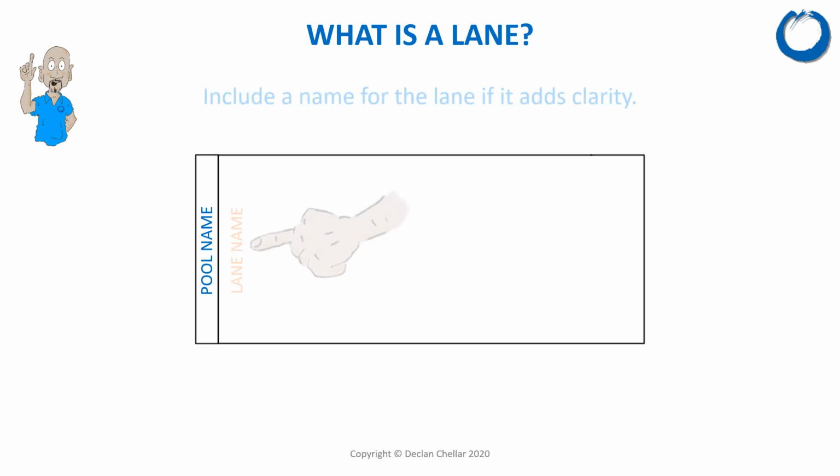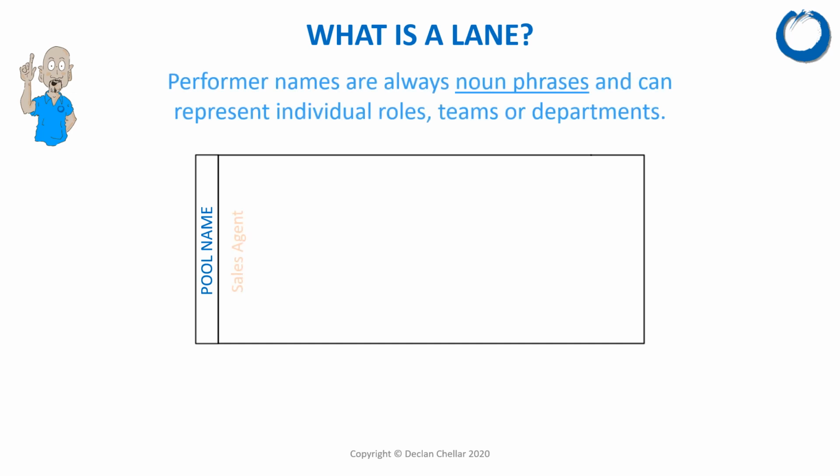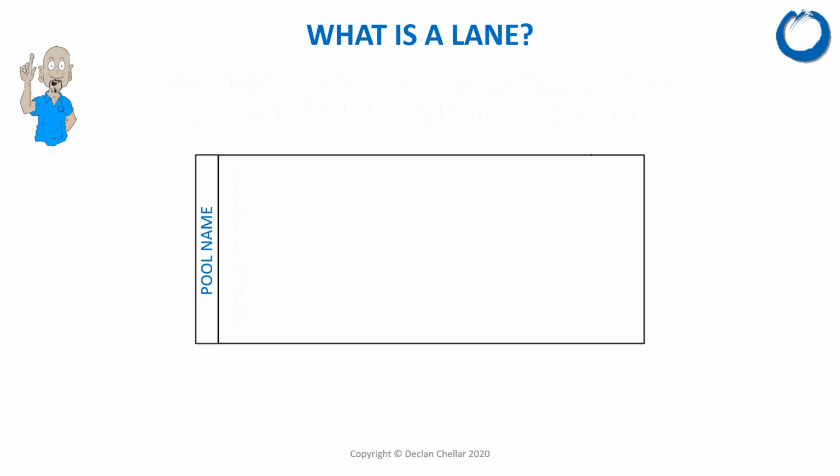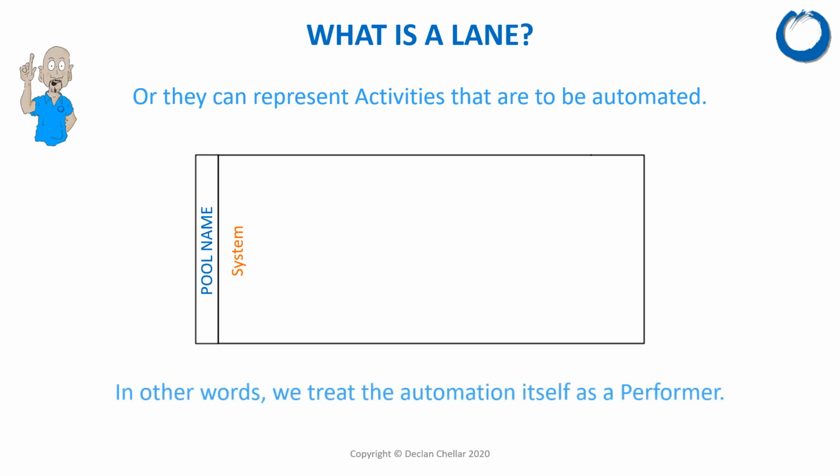Include a name for the lane if it adds clarity. Performer names are always noun phrases and can represent individual roles, teams, or departments. Or they can represent activities that are to be automated. In other words, we treat the automation itself as a performer.